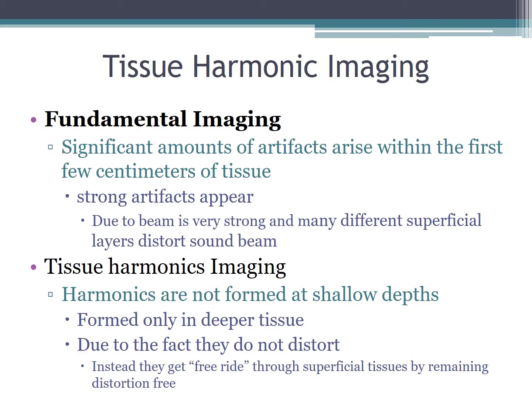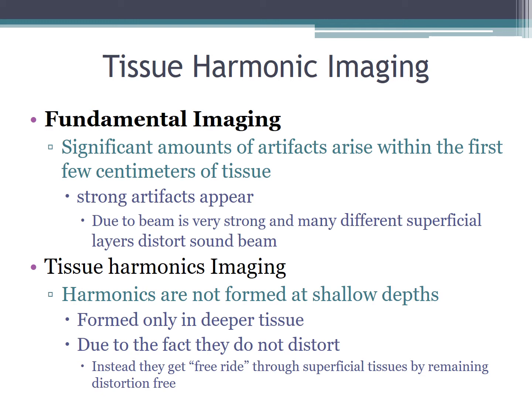Some other things that you need to know regarding fundamental versus tissue harmonics: fundamental imaging is going to cause a significant amount of artifact to arise within the first few centimeters of tissue. This is where most of our strong artifacts are going to occur because there are so many different layers of superficial tissue that the sound beams hit, start bouncing back and forth between one another, and start scattering everywhere.